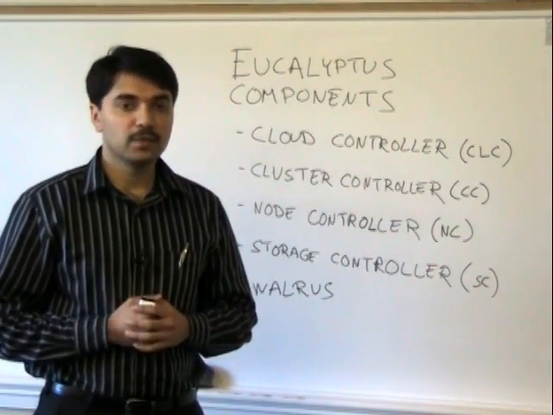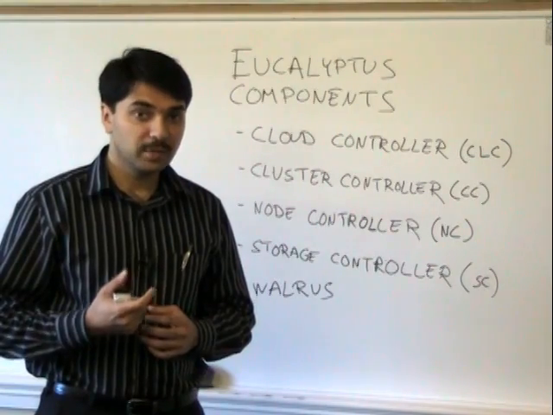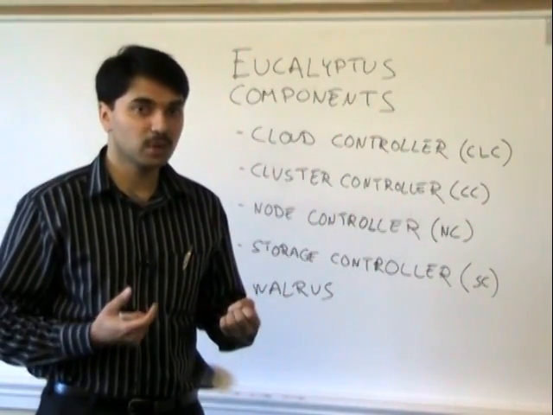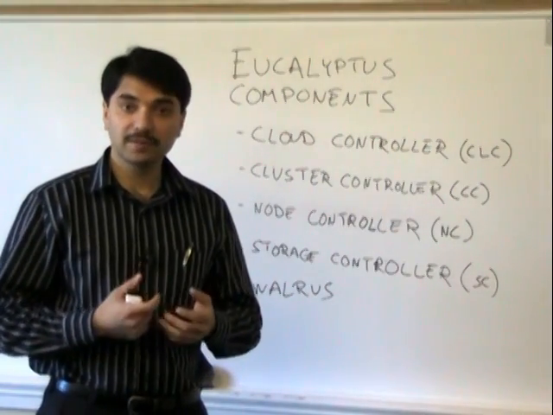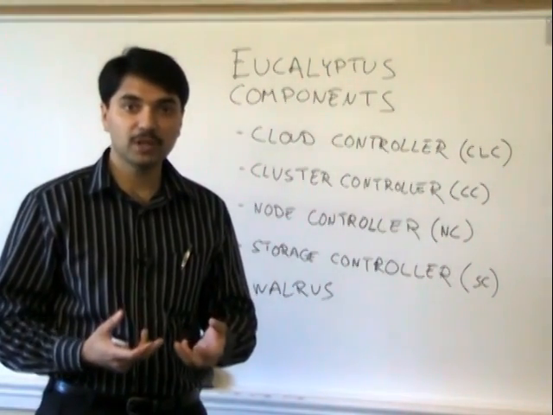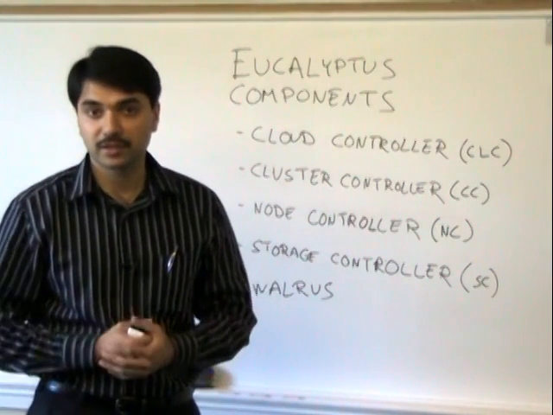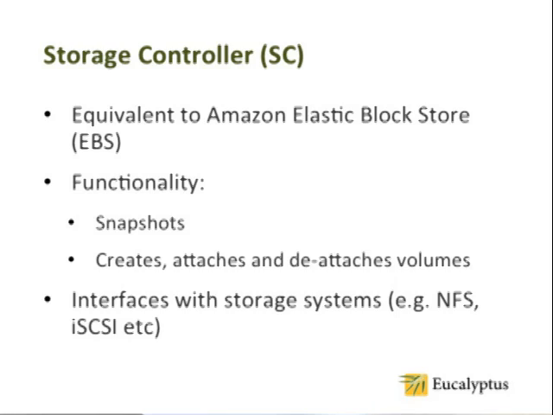And again, you can attach an EBS volume to a single instance. They cannot be shared across multiple virtual machine instances, but you can definitely take snapshots of the EBS volume, and the snapshots become instantaneously available across different clusters in the cloud. The storage controller is responsible for creating volumes, deleting volumes, attaching or detaching volumes. That Elastic Block Store functionality is implemented by the storage controller.